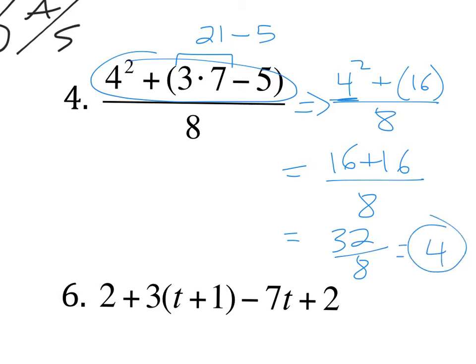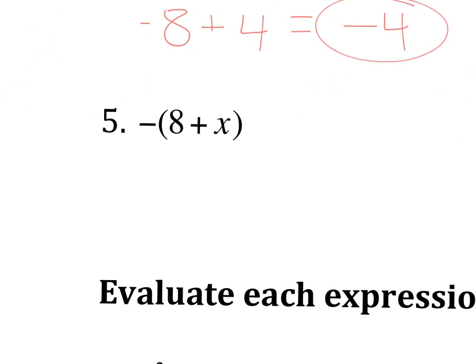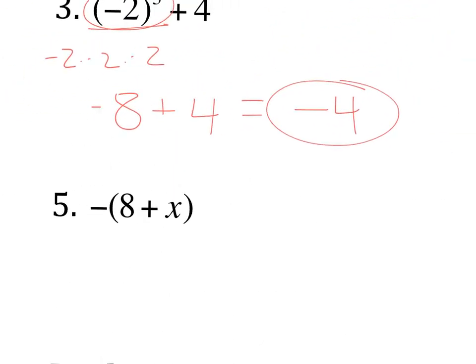All right. Number 5. Anytime you have a number or a negative sign outside of a parenthesis, that's going to require the distributive property. So that negative is kind of like saying there's a -1 out in front. -1 times 8 is -8. -1 times x is -x.